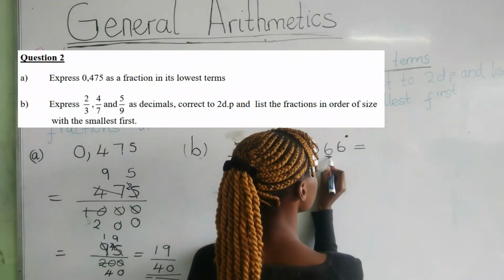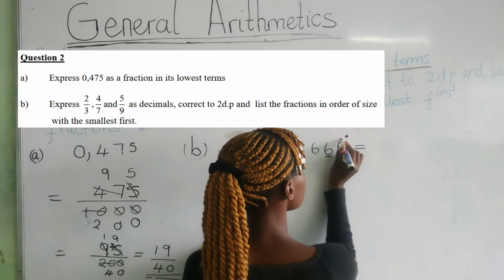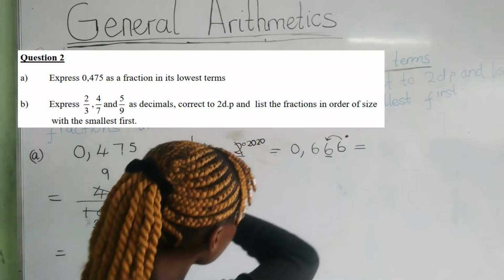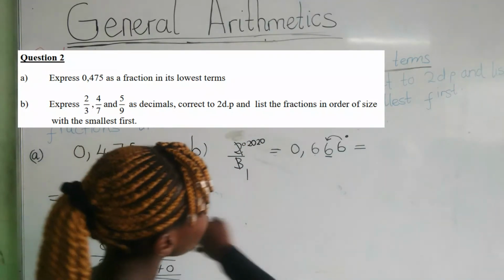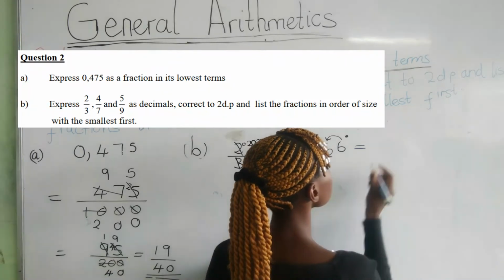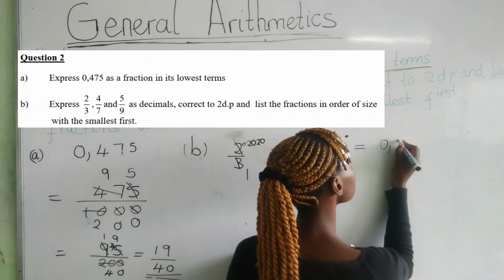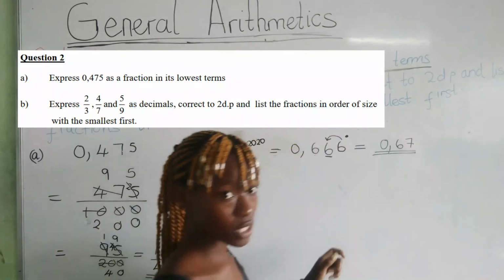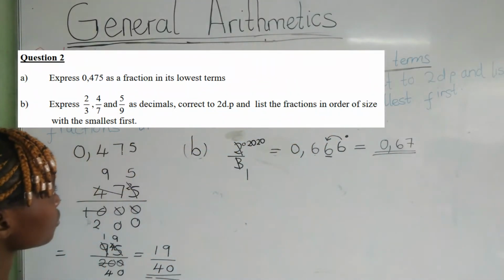So we need this space. So we round up this. It's above 5, so we are going to round up and it gives us 0.67. Okay, so this would be the final answer for 2/3.